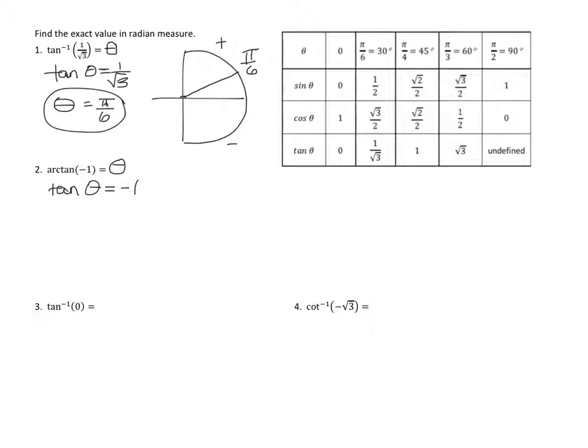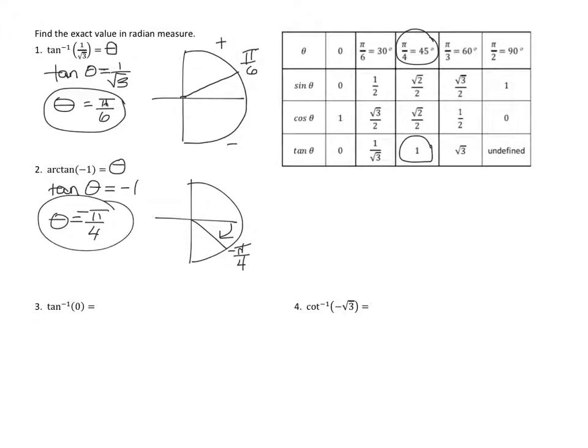If we look at our chart, tangent is +1 at pi/4. So my theta is pi/4. But since tangent in this case equaled -1, my theta should be negative pi/4. In quadrant 4, it just means it goes in the negative direction, so we refer to it as negative pi/4.